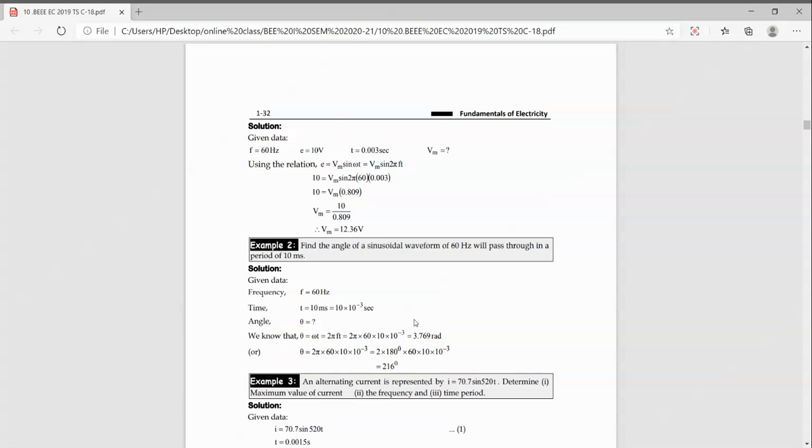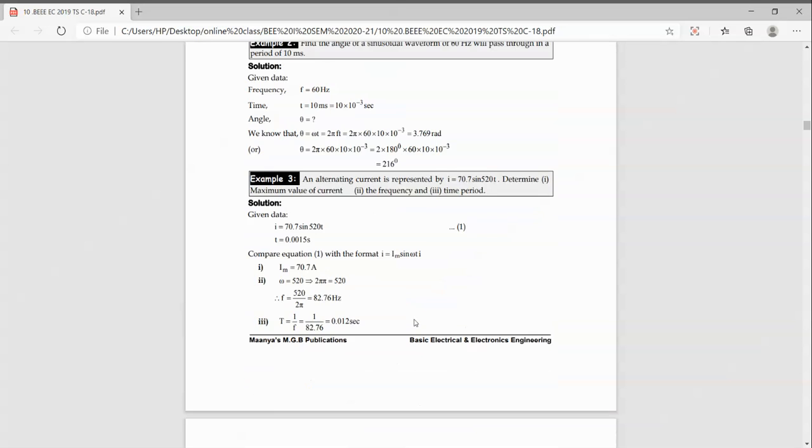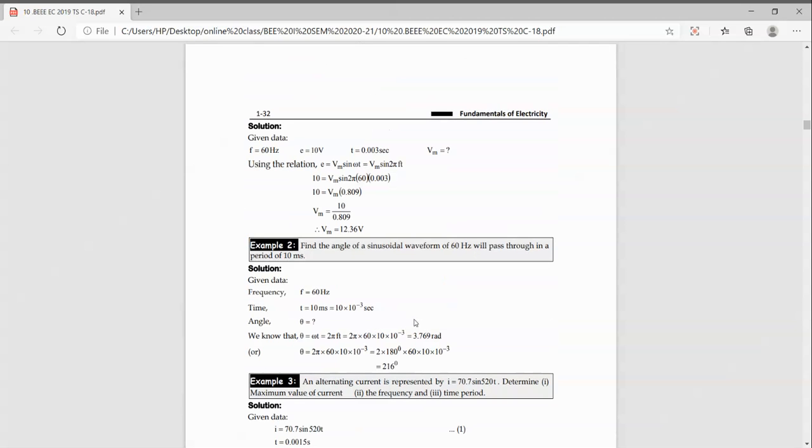Likewise, we have similar problems on the same formula. For the second example: find the angle of a sinusoidal waveform if 60 hertz passes through it for a period of 10 milliseconds. So f is equal to 60 hertz and t is equal to 10 into 10 to the power of minus 3 seconds.